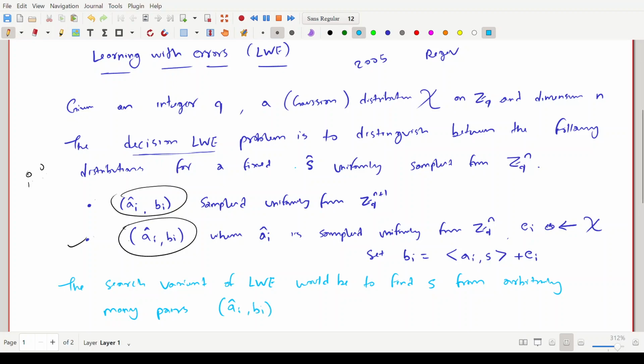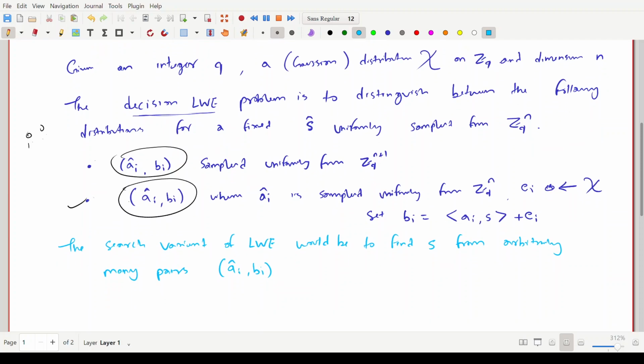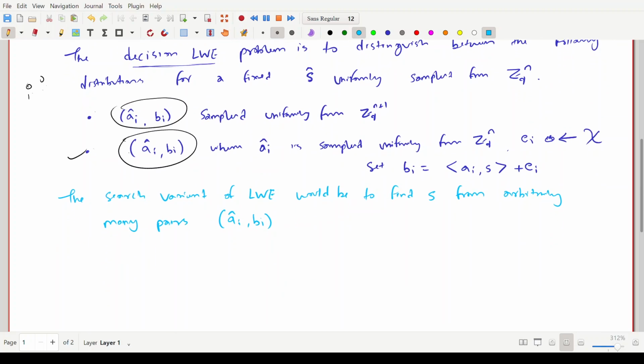That means given so many different pairs of these, can you find the value of s? So that is a hard problem. Yeah, so this was the LWE problem.